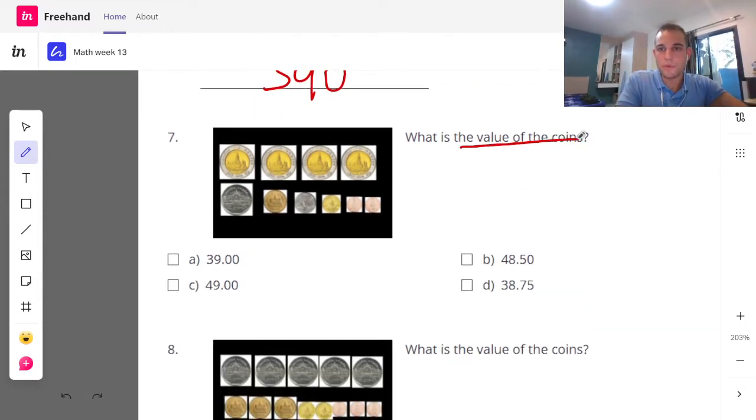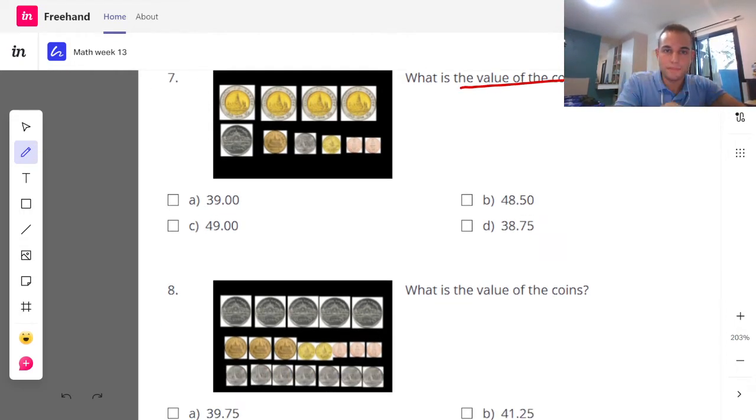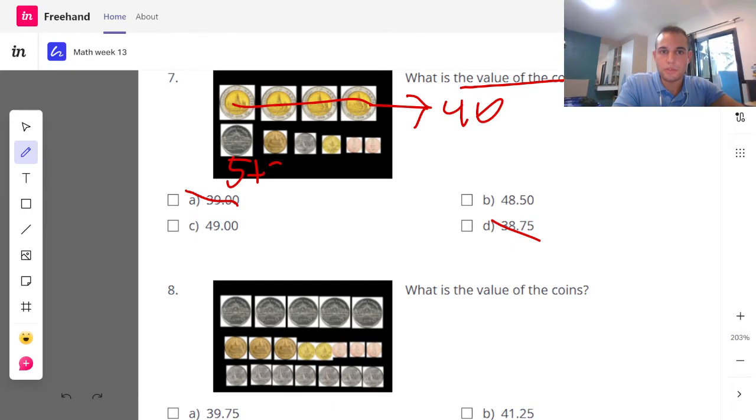Okay. Next is number 7. What is the value of the coins? Let's count. This is 4, so that's 40. Okay, so we can cross out 39 and 38. Now we have 5 plus 2 plus 1, and that's 8. So 40 plus 8. And then let's count the small ones.